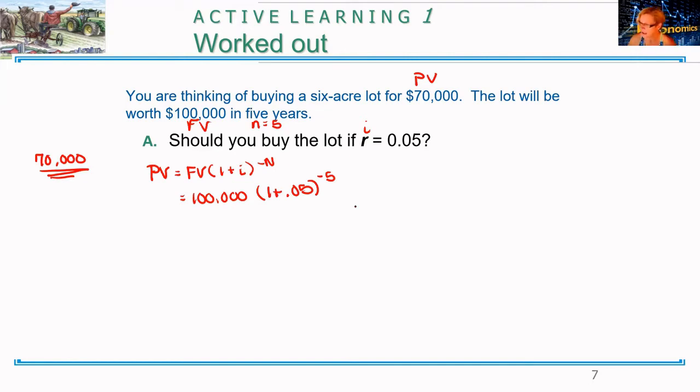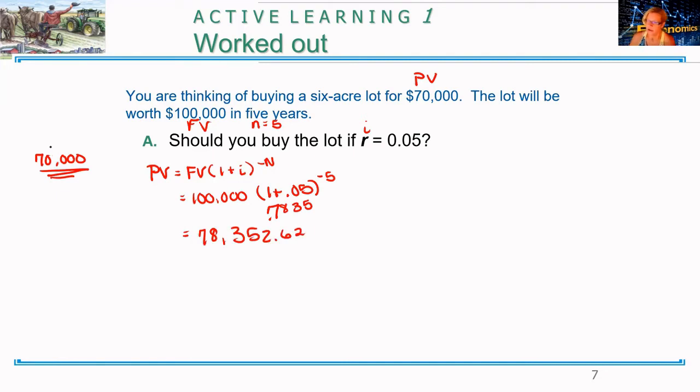So we end up with a compounding factor of 0.7835, and we're going to multiply that by our 100,000. And we end up with the present value equal to 78,352.60, and I'll just round it to 2.